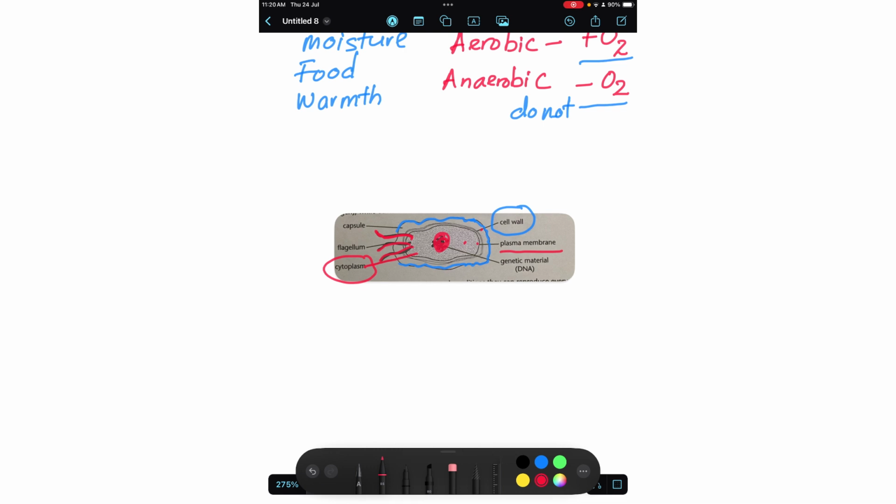There are different kinds of bacteria. One is the saprophytic bacteria, or sometimes we call them saprotrophic.